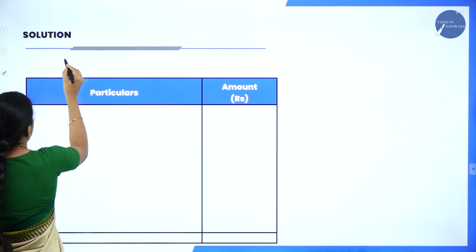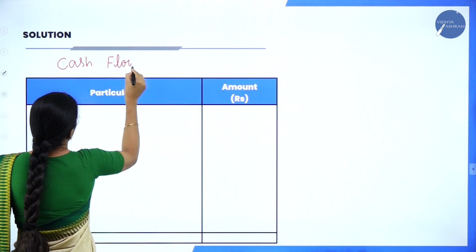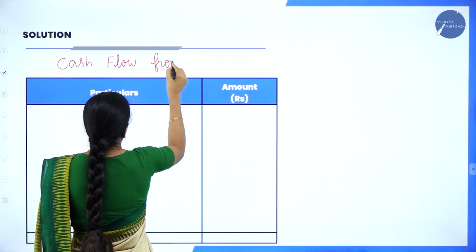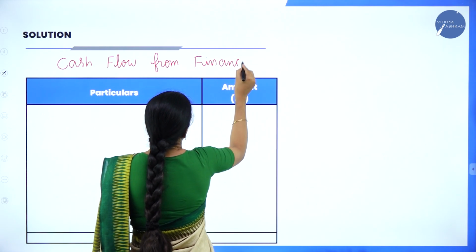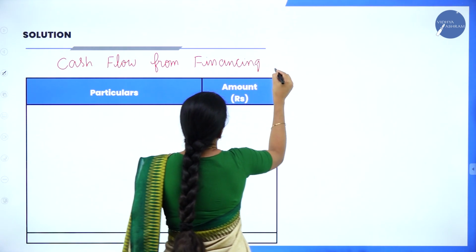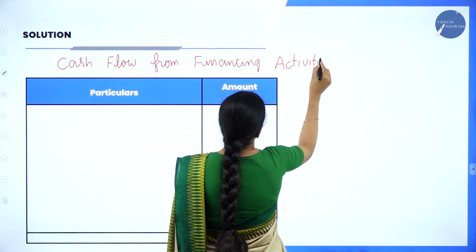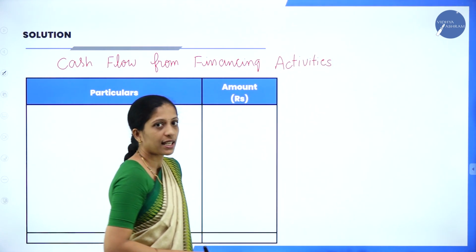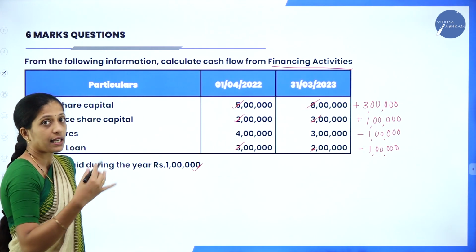So you will write the heading, cash flow from financing activities. So you will start with equity share capital. Now it has increased.